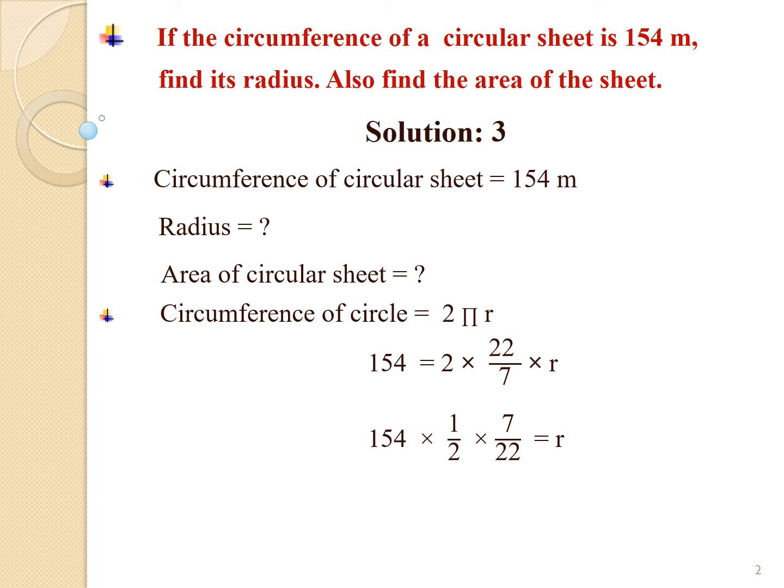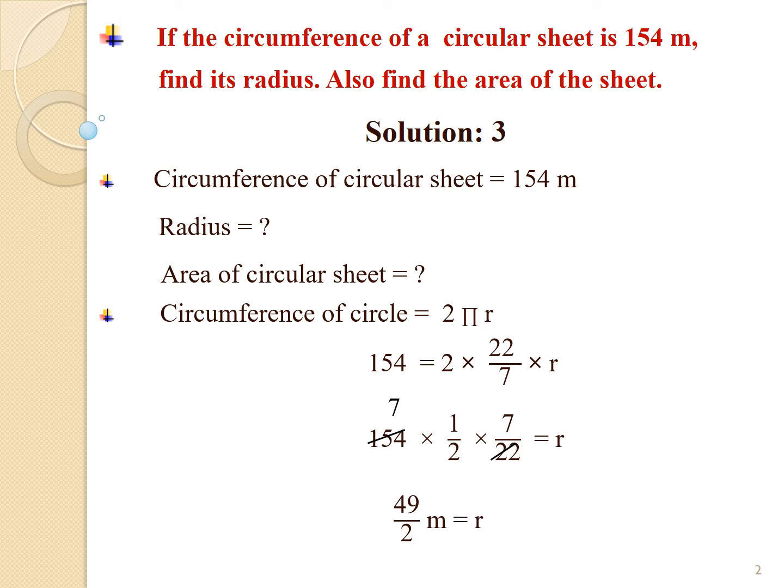Thus, cancelling denominator 22 and 154, we get 7 into 1 into 7 upon 2.